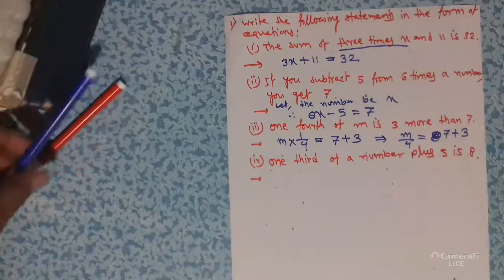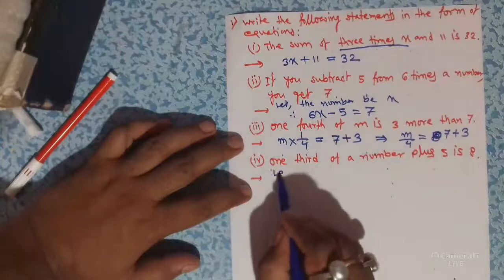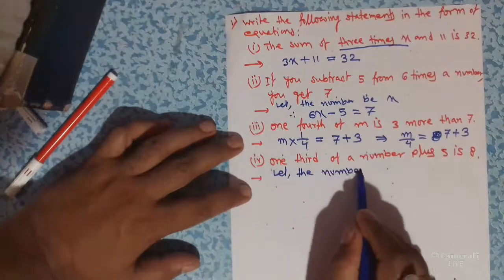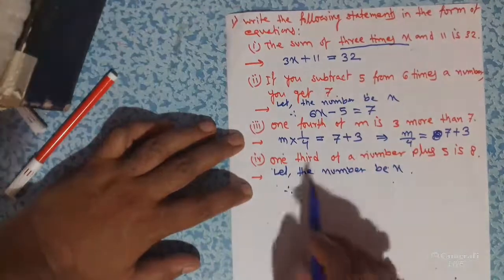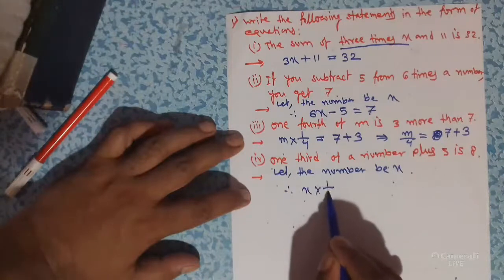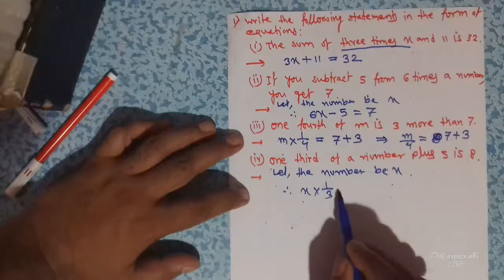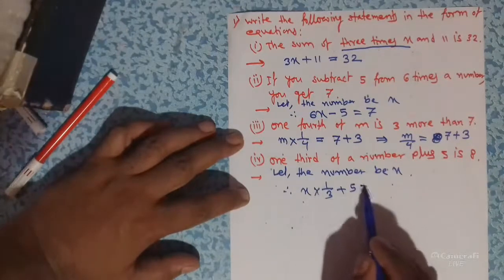Very good students. Now I am going to solve it. So 1/3 of a number. Let the number be x. So 1/3 of a number is x multiplied by 1/3. Plus 5, so you have to add 5, is 8.